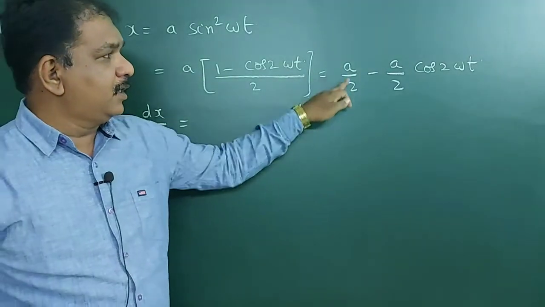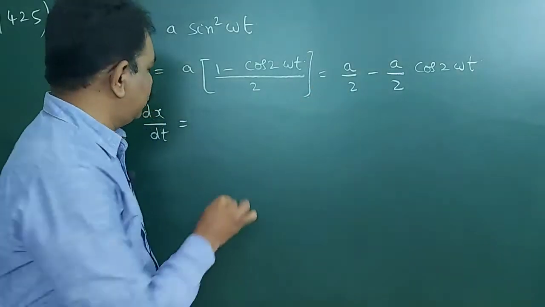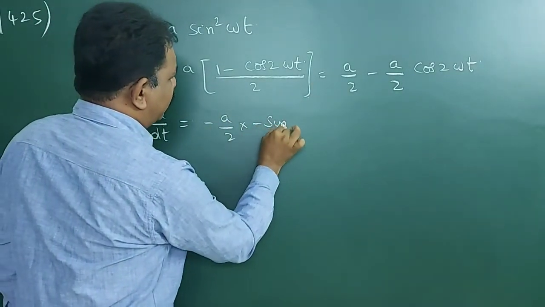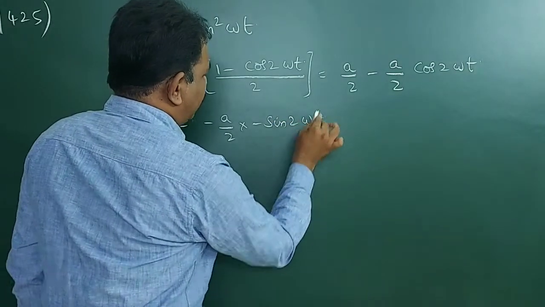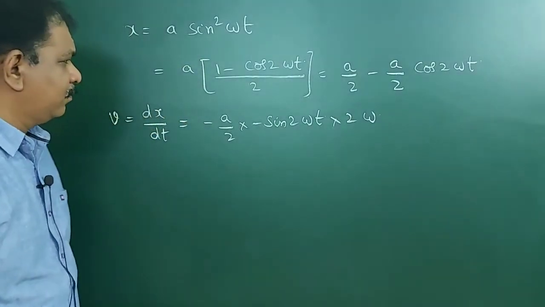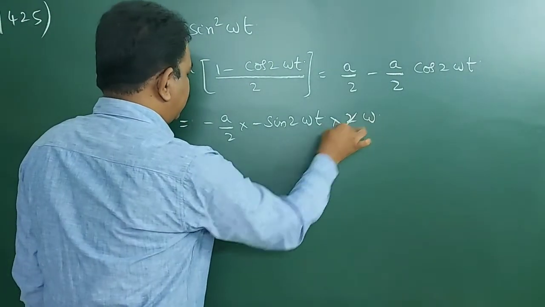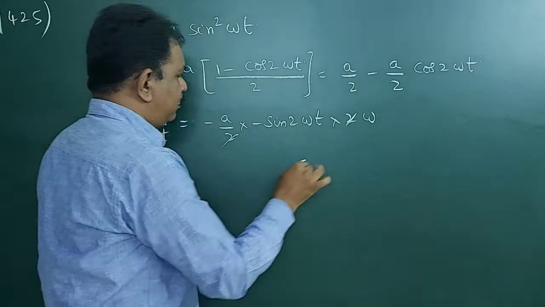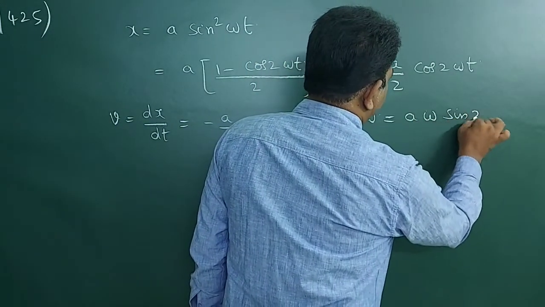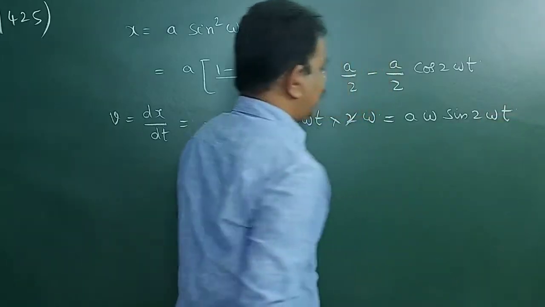If you differentiate this, a by 2 will be 0. Next, minus a by 2 into minus sin 2 omega t into 2 omega. This 2 will cancel, minus will be plus, a omega sin 2 omega t.